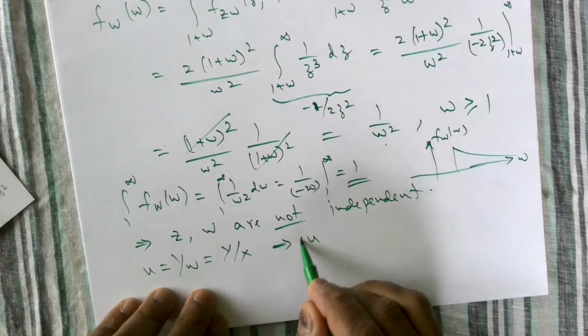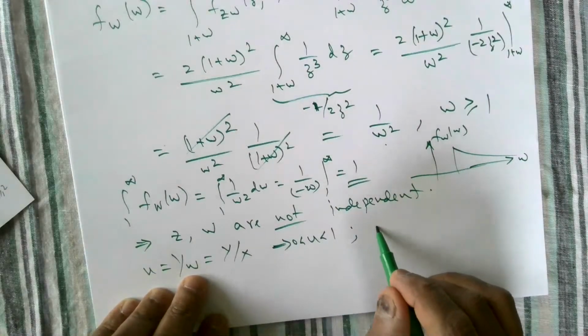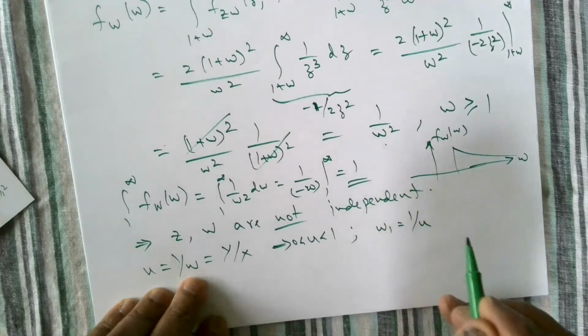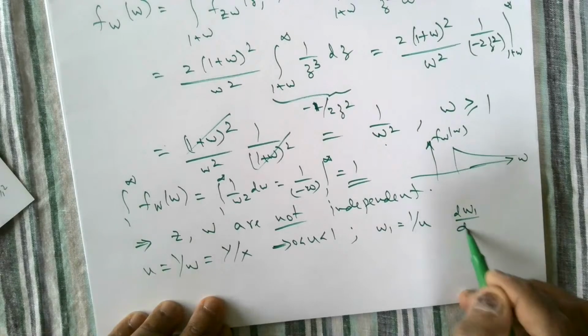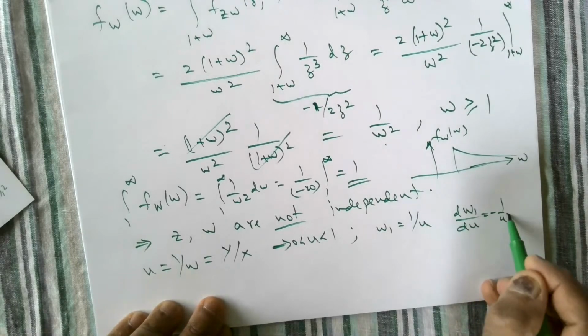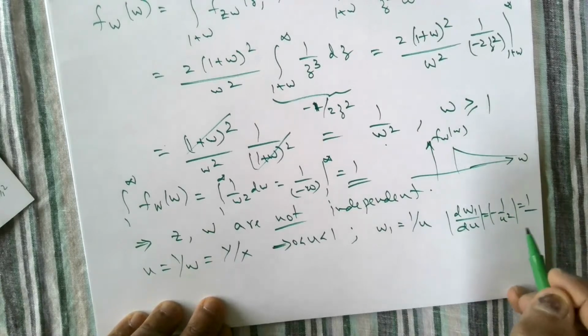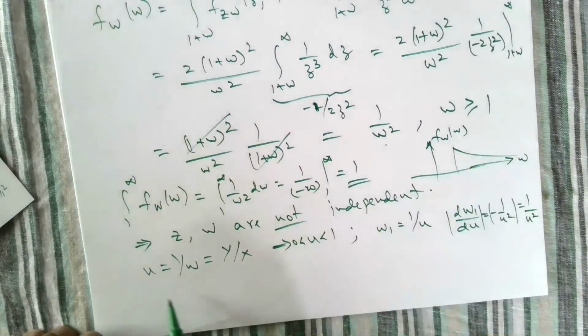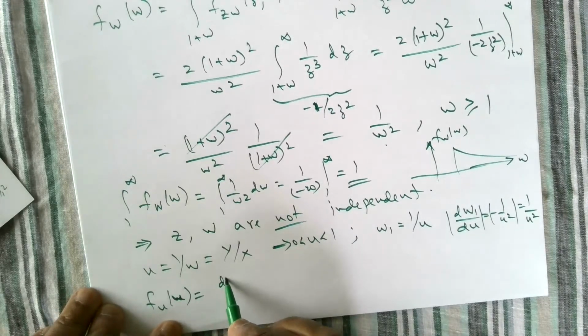So U goes from 0 to 1. And the solution of W is 1 over U. And the derivative of W with respect to U is minus 1 over U squared. So its absolute value is just 1 over U squared. So we can find out the density function of U. It's a simple exercise.